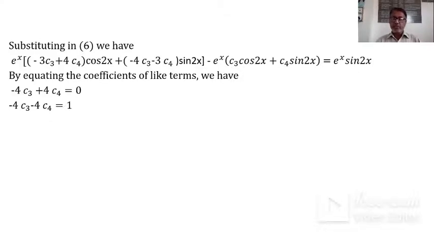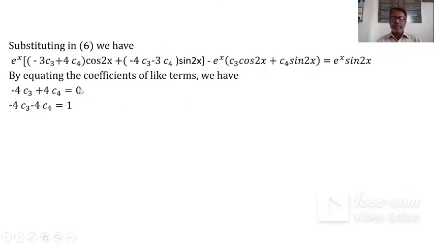If we compare the coefficient of e to the power x sine 2x on the left hand side, it comes to be minus 4c3 minus 3c4, and again with the minus c4 it becomes minus 4c4, equal to 1. And the coefficient of e to the power x cos 2x is minus c3 plus 4c4, and with this minus c3 it becomes minus 4c3 plus 4c4.